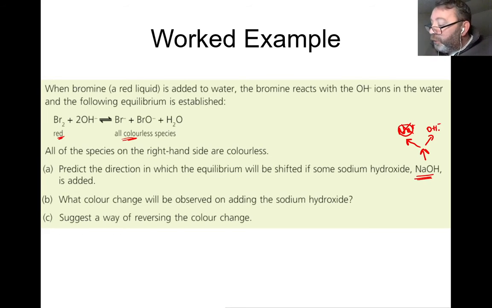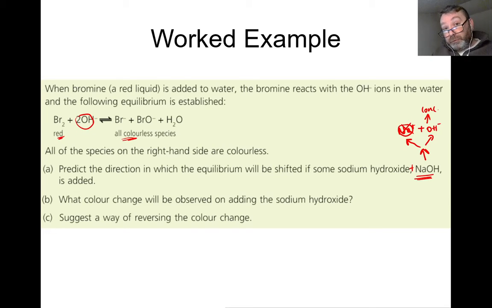But the other part of the dissociated molecule, the OH minus, is part of this particular system and therefore will have an effect. Now, by adding sodium hydroxide, what we are also doing is adding OH minus, and we're increasing the concentration of OH minus. And if you increase the concentration of OH minus, that is you putting the system under stress.